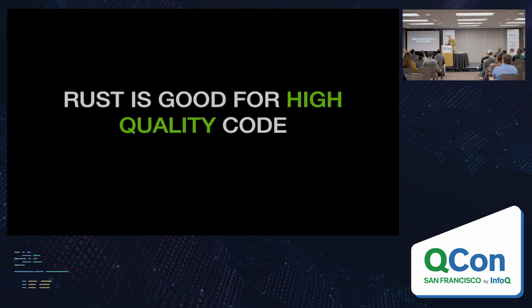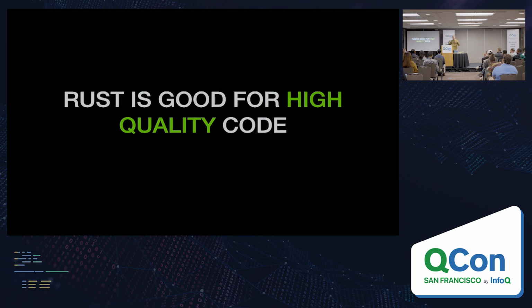So on the performance side of things, that's what you hear about the most, right? Rust is really fast, it's compiled, there's no garbage collector. But that's not new, C and C++ do that. And those have been around for a while. Why haven't those gained as much adoption as, let's say, Java? Because there is that quality side of things. With C or C++, about 70% of all high severity security issues are memory related.